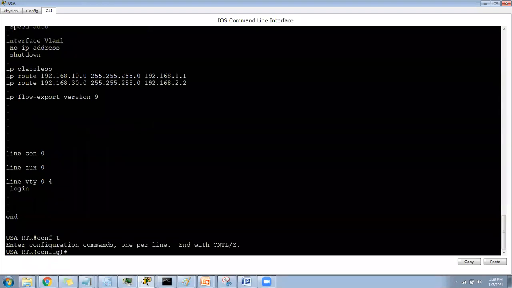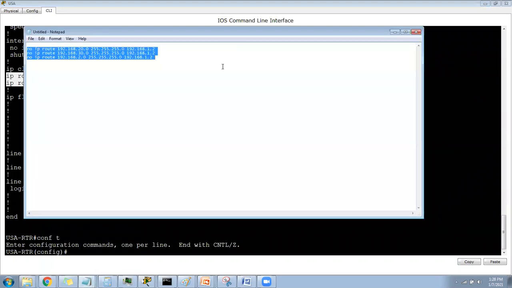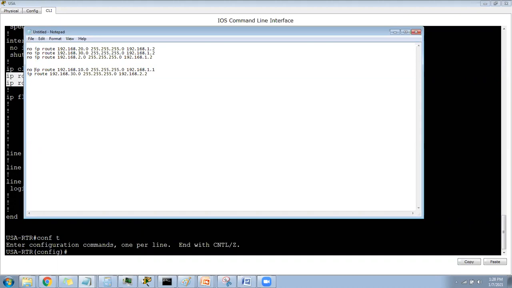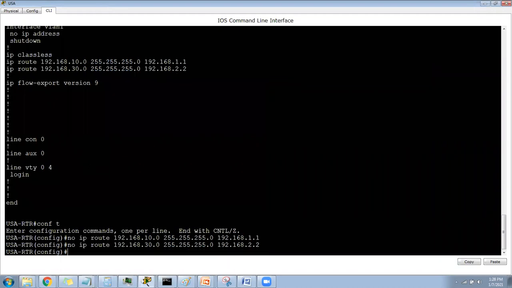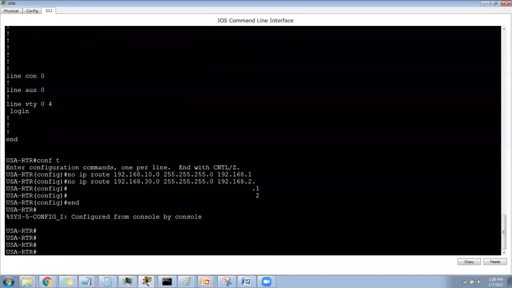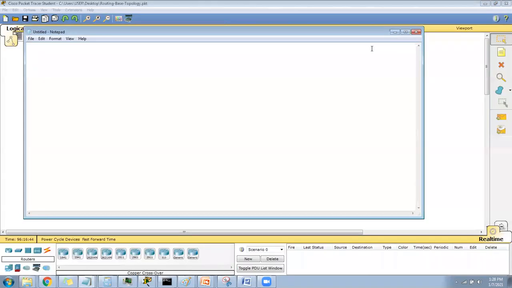Either you take them one by one, copy and paste, or you copy them into the notepad, put no in front, copy back, config terminal, and paste it here. Done. Similarly, save the configuration. Now your old configuration is back.